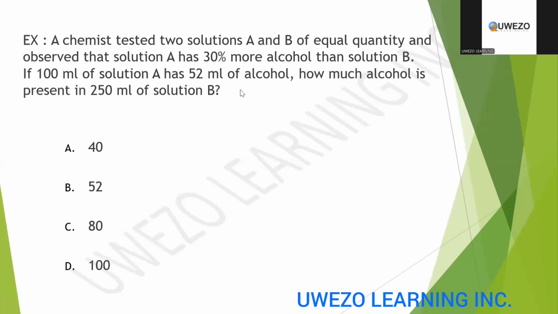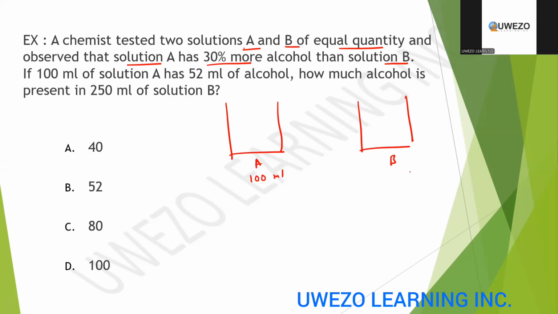Here is a tricky SAT math question on percentage, where again we are going to apply the percentage strategy. We are given two solutions, A and B, which are of equal quantity. And it is observed that solution A has 30% more alcohol than solution B. So let us take two solutions, A and B, and let us assume that both are 100 ml.